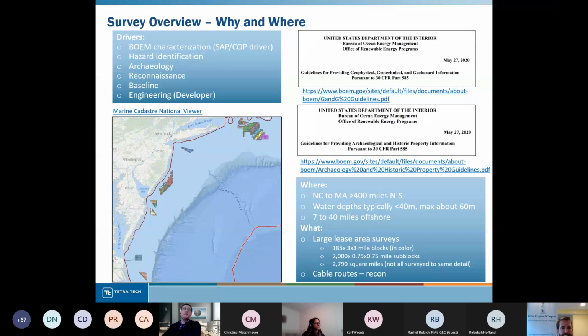Water depths, as you can see on the pretty extensive shelf, are usually less than 40 meters. I think the deepest tip out there is about 60 meters. We're fairly close inshore, but outside of state waters. And these are all together generating some pretty big surveys, which we'll talk about a little more on the next slide. Thanks, Corey.